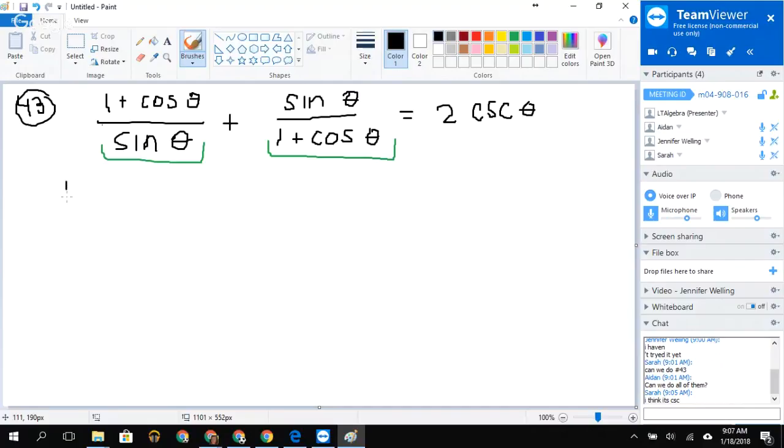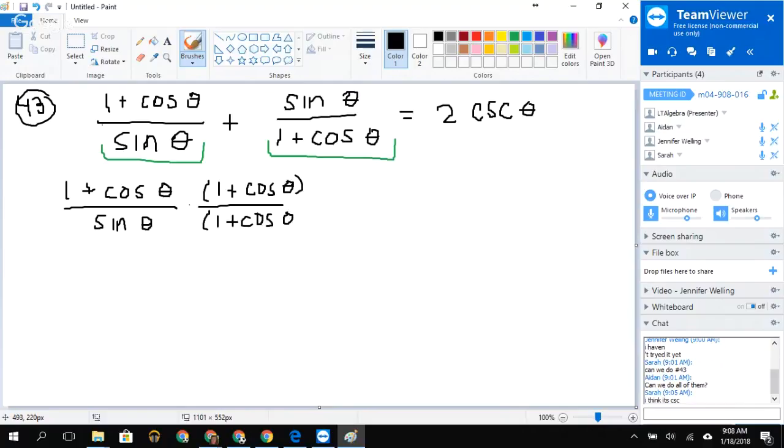So I have 1 plus the cosine of theta over the sine of theta, and then in order to get a like denominator, I'm going to multiply this by 1 plus the cosine of theta over 1 plus the cosine of theta. So that's just like multiplying by 1. We're allowed to do that, right? And we are going to end up with the same denominators.